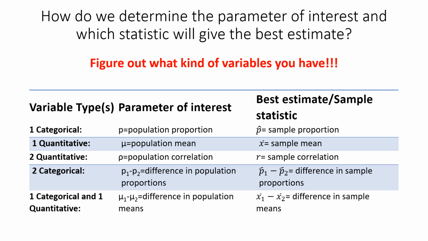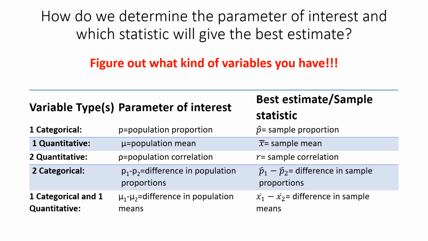When we have one quantitative variable, we are estimating the population mean, mu, using the sample mean, x bar. My bar didn't print very well. When we have two quantitative variables, we're interested in understanding the correlation in the population, rho, and we estimate it with the sample correlation, r.